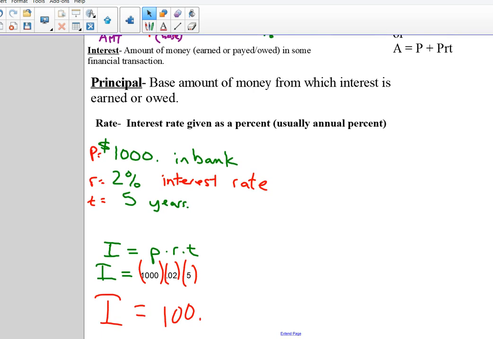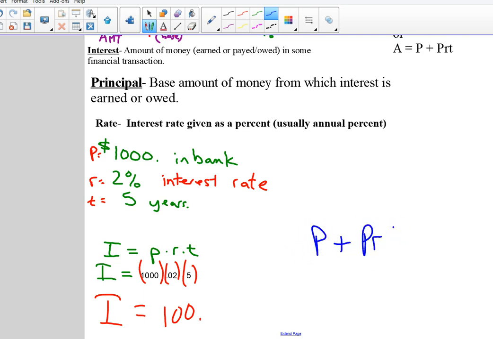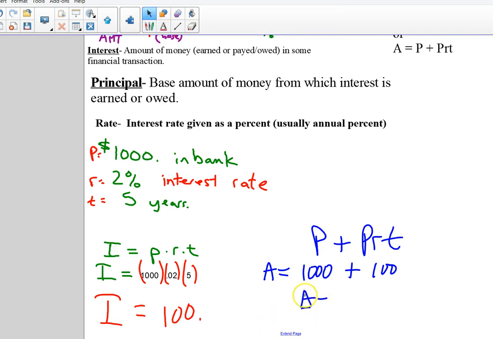So the principal is $1,000, and after 5 years, under this simple interest situation, my principal plus my interest would be 1,000 plus the 100 that I just found from this formula, giving me a total of $1,100.